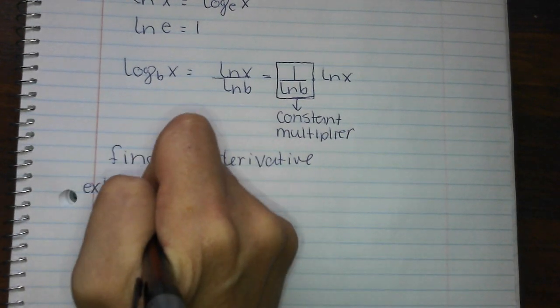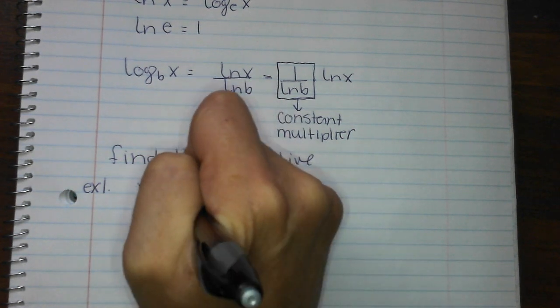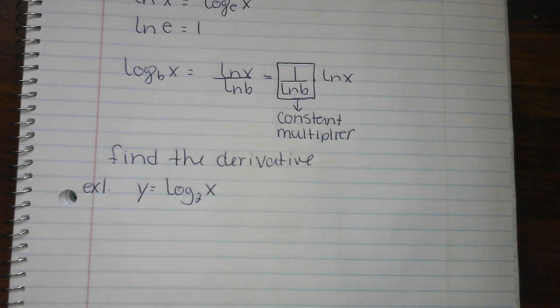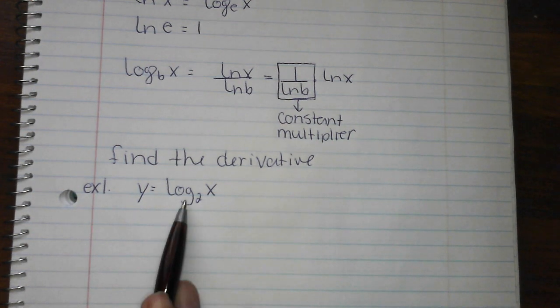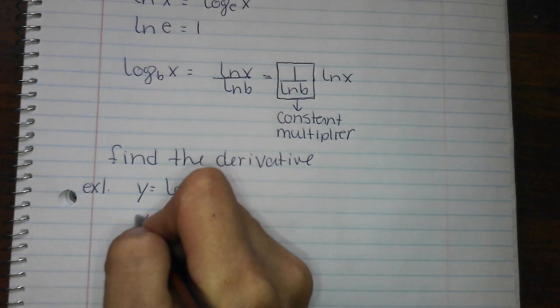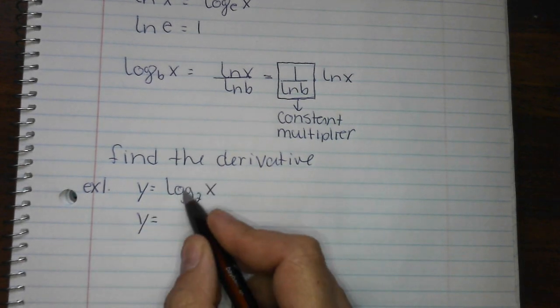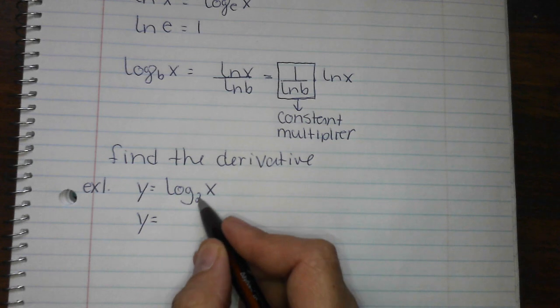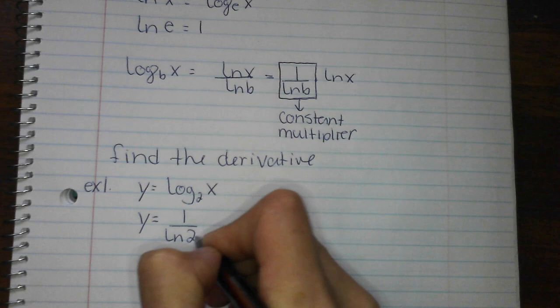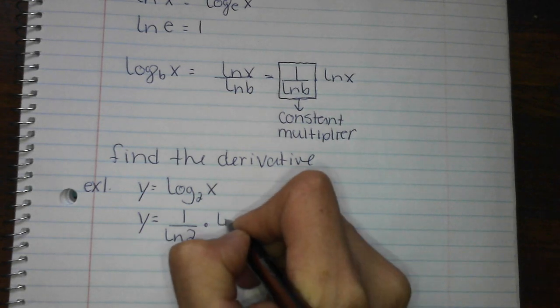We got y equals log base 2 of x. The only logs we can find derivative of are natural logs, so we're going to use that change of base to rewrite it. So it would be natural log of x over natural log of 2. I'm going to make it 1 over natural log of 2 times natural log of x.